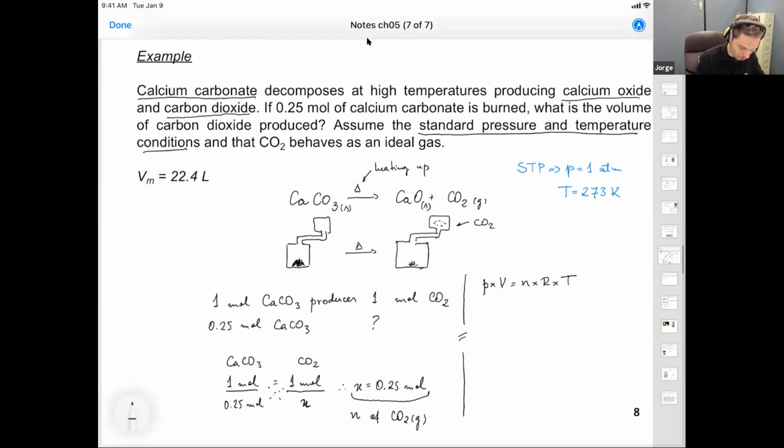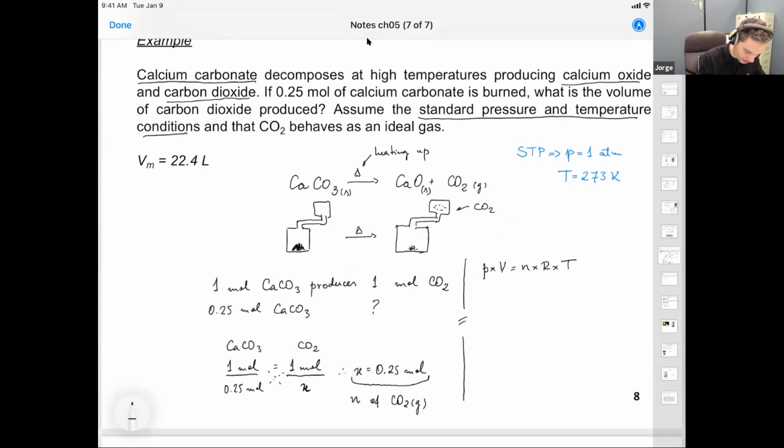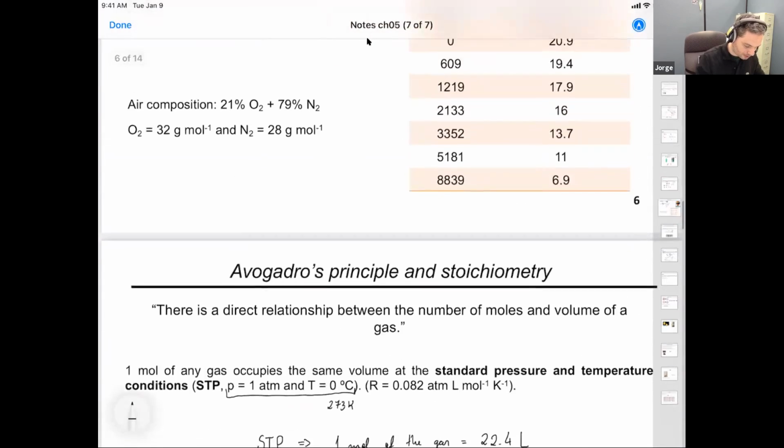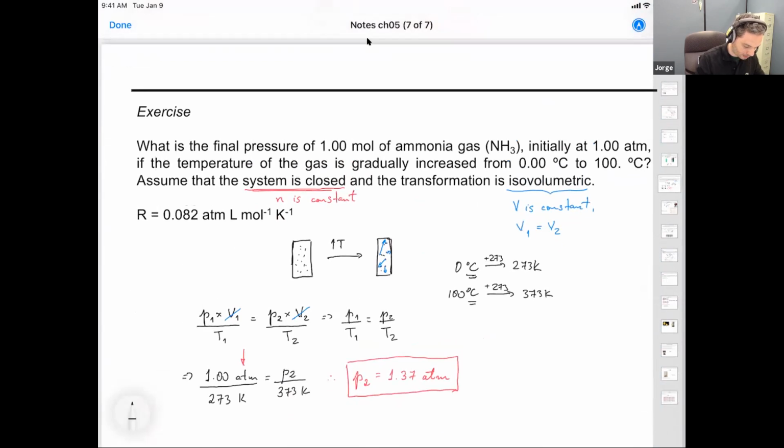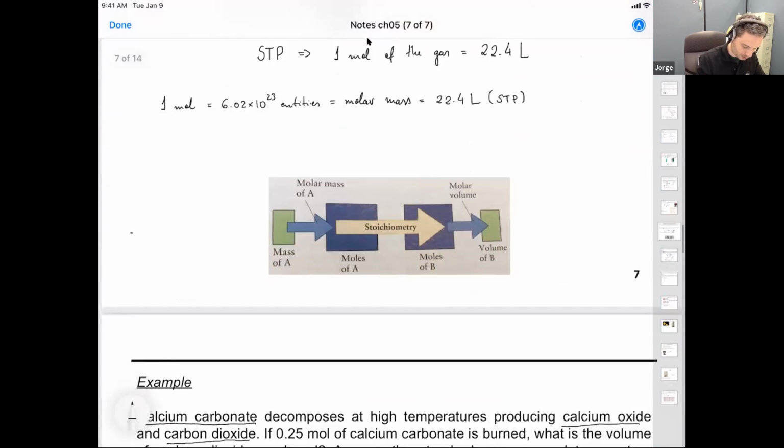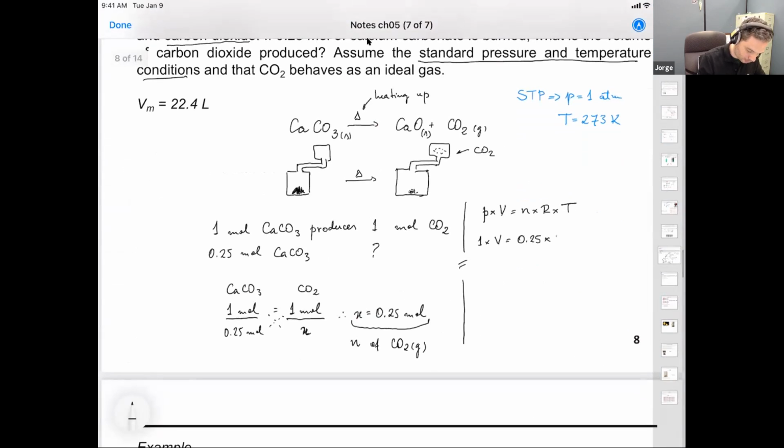So let me go over that. Pressure is 1, volume is what we are looking for. Number of moles is 0.25. Ideal gas constant, we can go back here and collect the value, which is 0.082, and temperature 273.